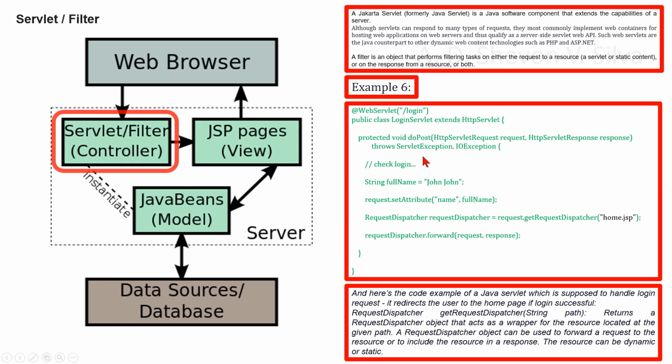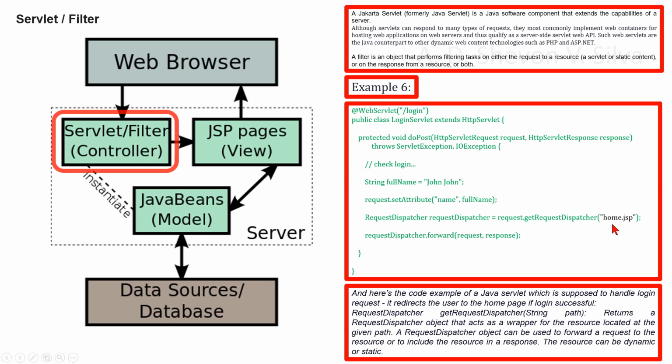It redirects the user to the home page if login is successful. Here the method in HTTP servlet request, the getRequestDispatcher, getRequestDispatcher string path returns a request dispatcher object that acts as a wrapper for the resource located at the given path.